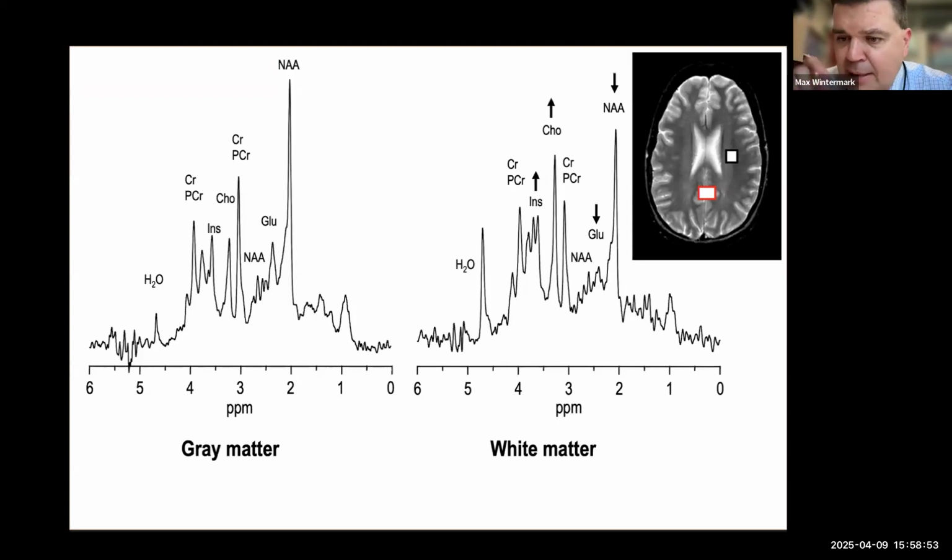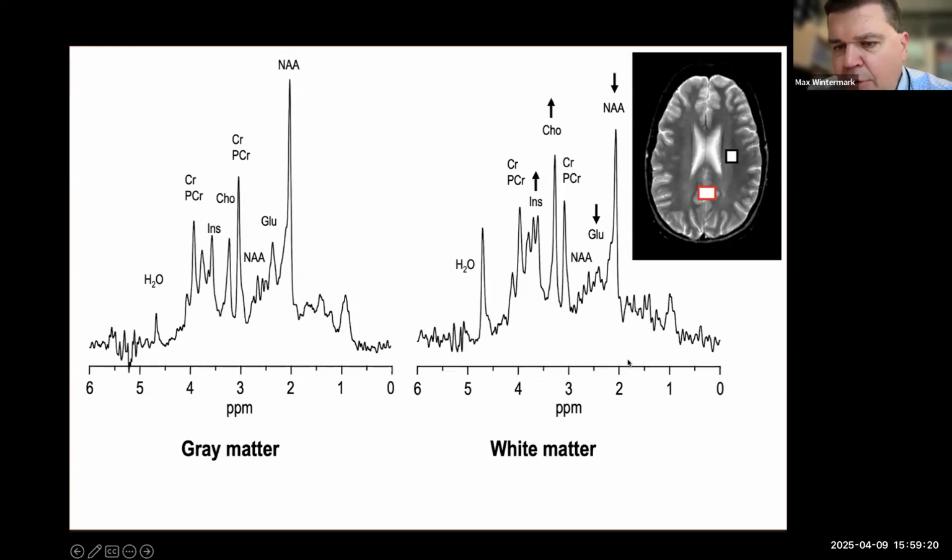The difference is minimal. It's not calculated in percent, it's calculated in parts per million. You can then calculate the difference in frequency compared to the frequency of the hydrogen in water, and express that difference in parts per million. Based on the difference, it gives you a very specific definition of which metabolite you are looking at.